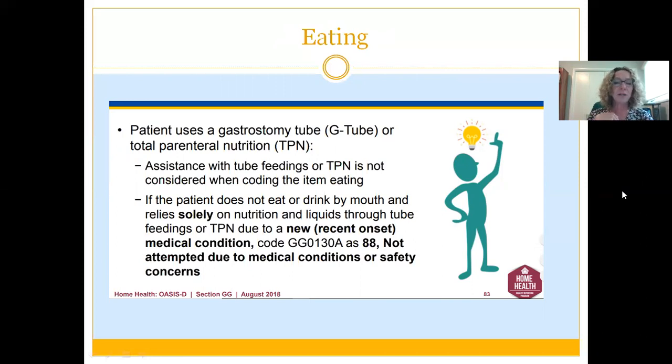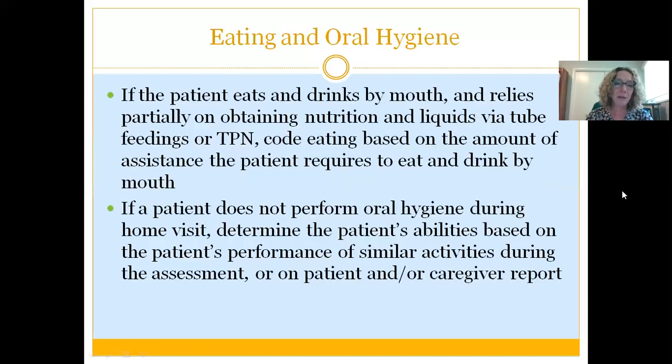If they don't eat or drink at all by mouth due to a recent onset, then we're going to not look at eating for medical reasons. New TPN or new G-tube, and we're not looking at eating for medical reasons, then we would code it as an 88. If they've been on a tube for a long time, they haven't eaten anything by mouth for a long time, then maybe that would be, for example, a 9 and not applicable. Okay, so we want to be careful with how we're scoring.